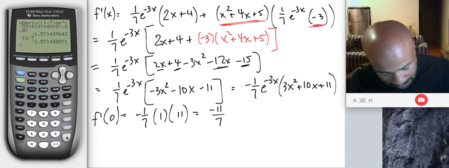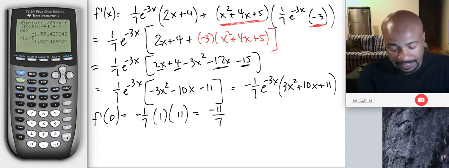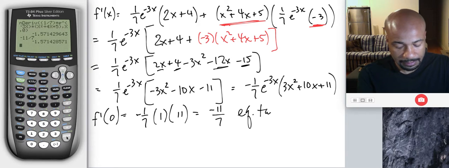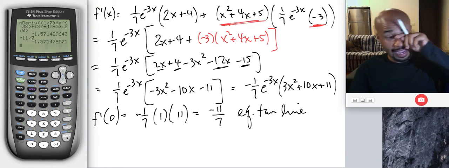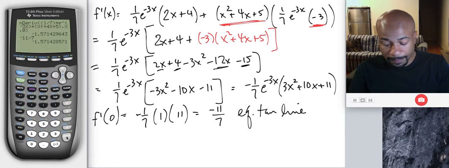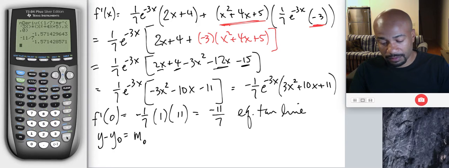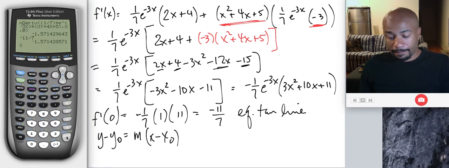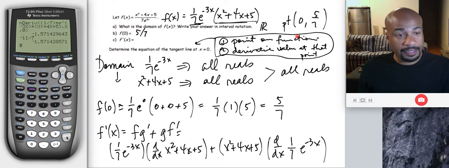So the equation of the tangent line, and I'm okay with leaving it like this. It's going to be y minus y0 is equal to the slope at 0. That's not good notation. That's not good notation either. I'll just put m, times x minus x0, where this x0 and this y0 come from the point that we have right here, which is 0 and 5/7.